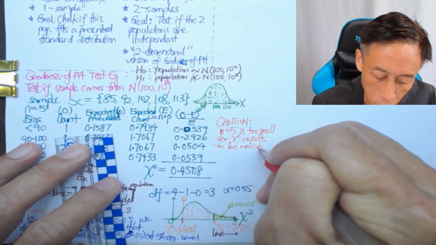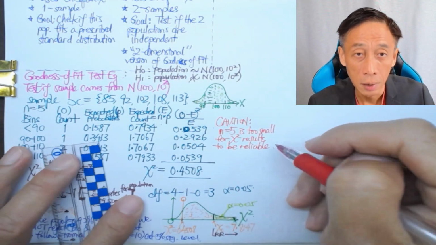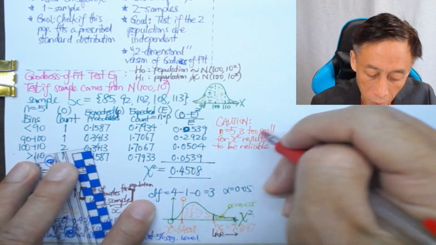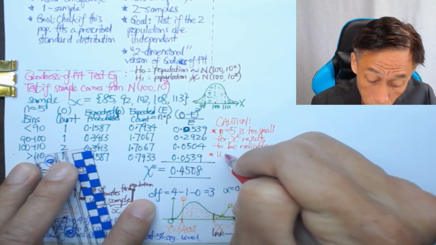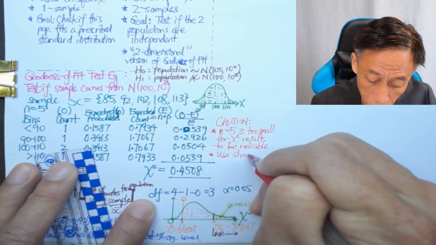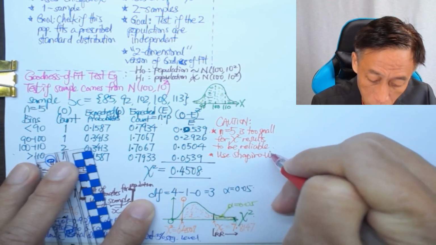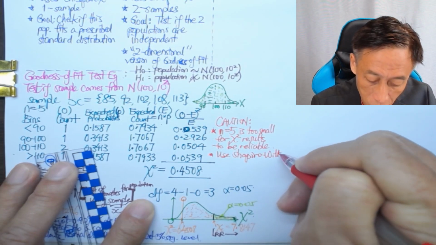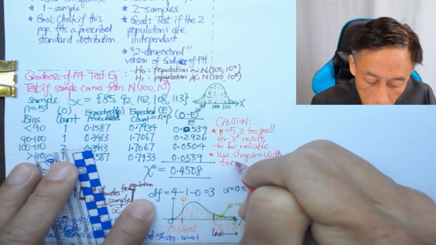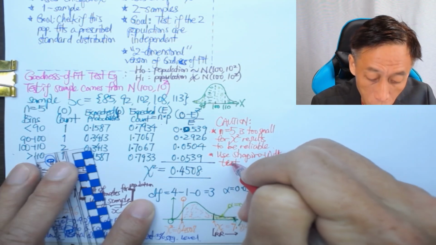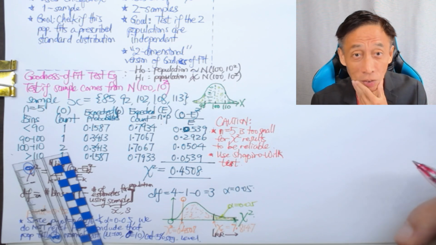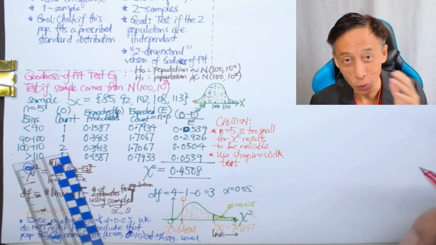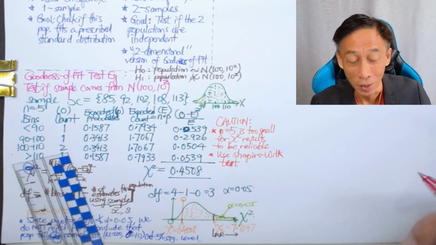So in the small sample size case, to test normality, we want to use the Shapiro-Wilk test, which is designed for normality testing. Specifically for normality, it cannot be used for uniform and whatnot, right?